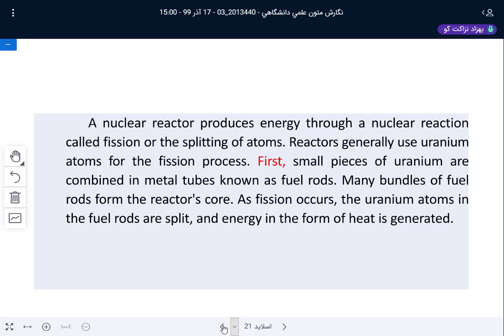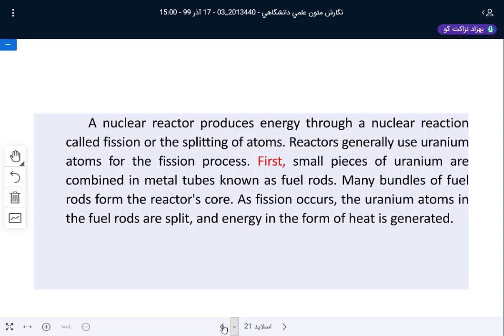Small pieces of uranium are combined in metal tubes known as fuel rods. Many bundles of fuel rods form the reactor's core, okay?